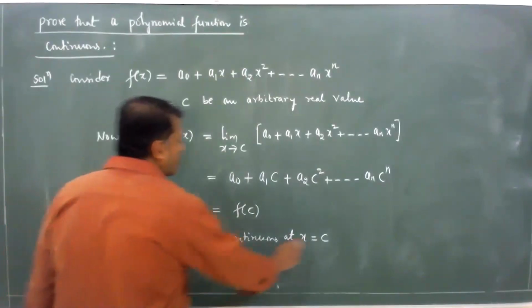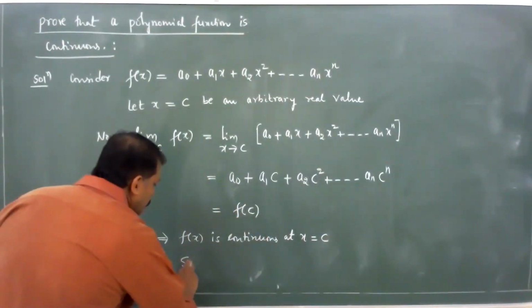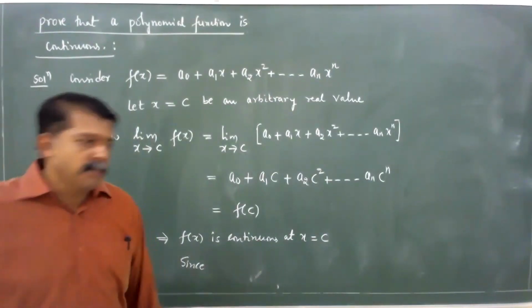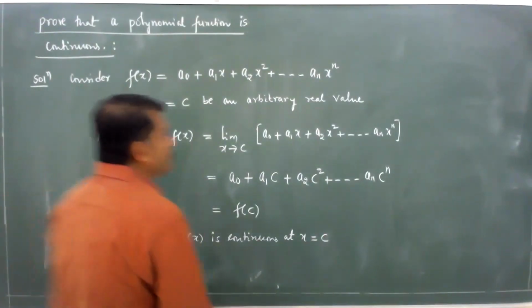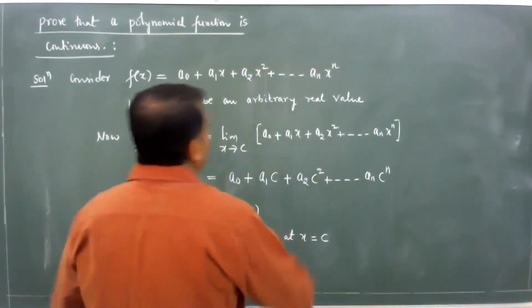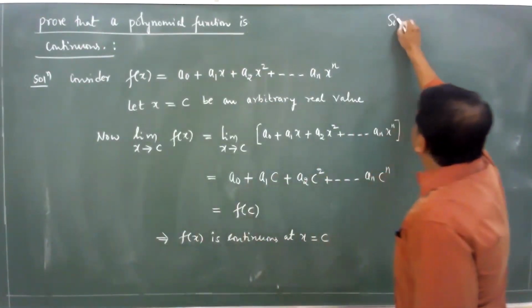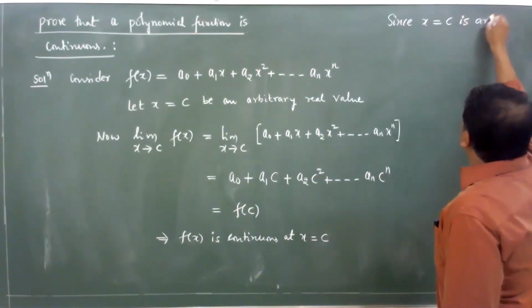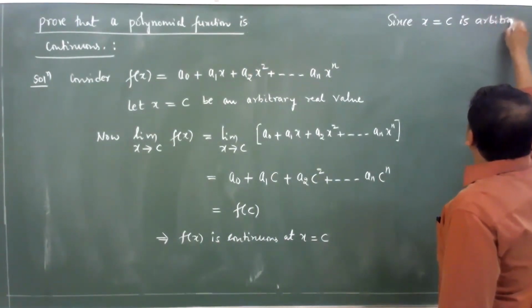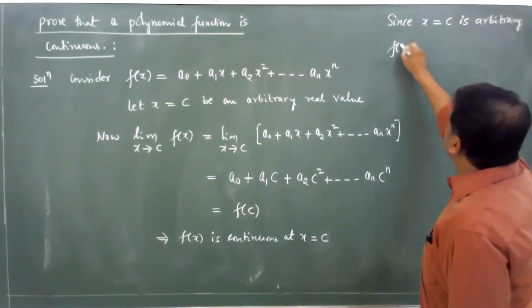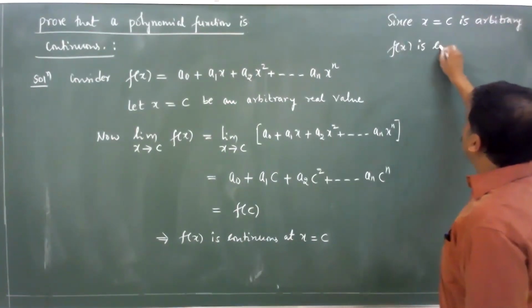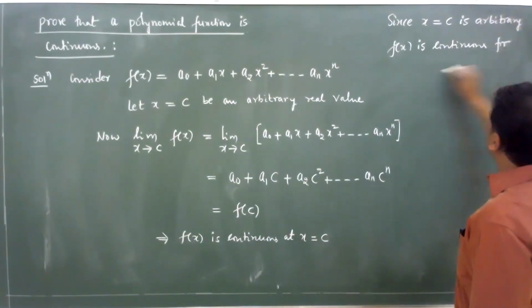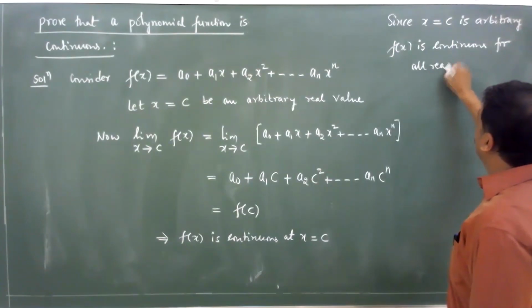So f of x is continuous at x is equal to c, and since x is equal to c is arbitrary, f of x is continuous for all real values.